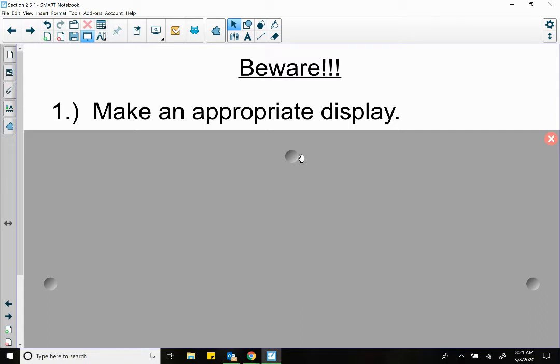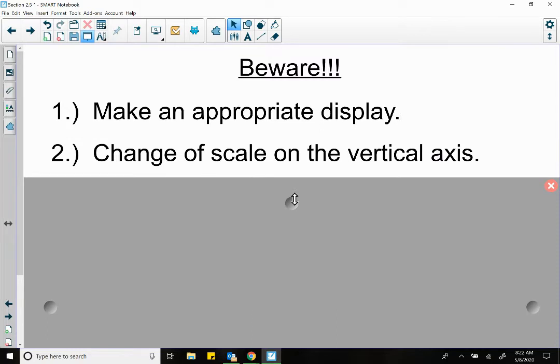Make sure that you are using the correct one. If you have categorical data, then make sure that you're using either the pie chart or the bar graph, which is the best overall anyway for categorical data. So make sure that you have the appropriate display for the kind of data you have. Numerical data uses numerical displays. Categorical data uses categorical displays. So that's the first thing.